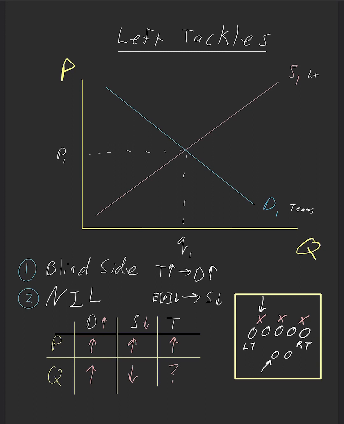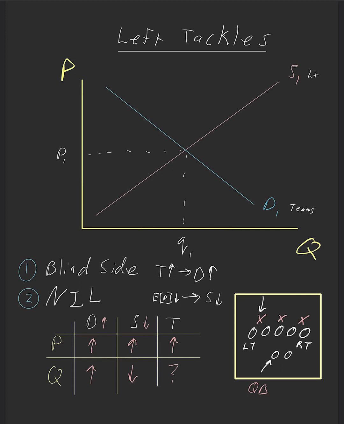In football, we have offensive linemen, offensive players denoted by circles, facing off against defensive linemen, notated by the X's here. And this player that I've highlighted here is the quarterback, the person to whom the ball is snapped.